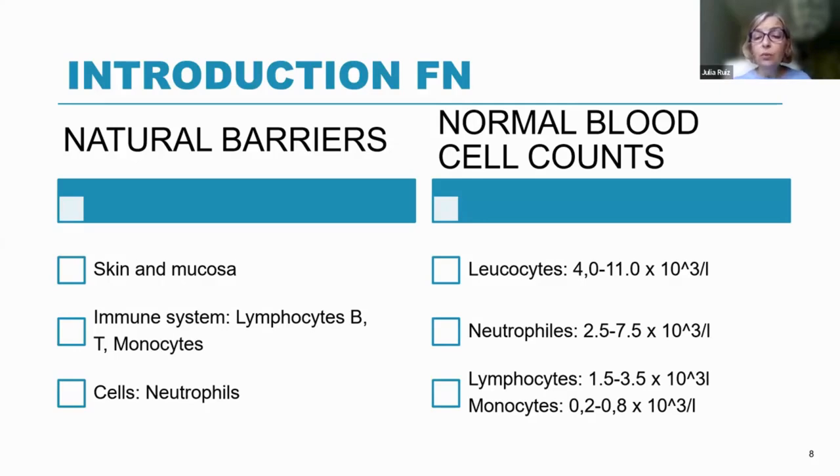And neutrophils, we would say 2.5 or 2,500 per microliter would be the normal count, above this. Lymphocytes would be above 1,500 per microliter, and monocytes would be 200 per microliter. Above that would be the normal blood counts of our white blood cells. These are the counts that we need to be protected.